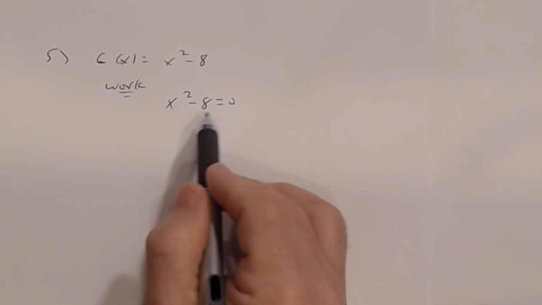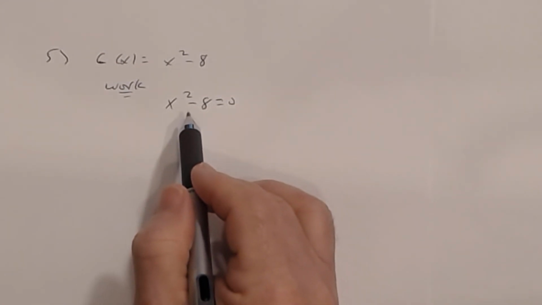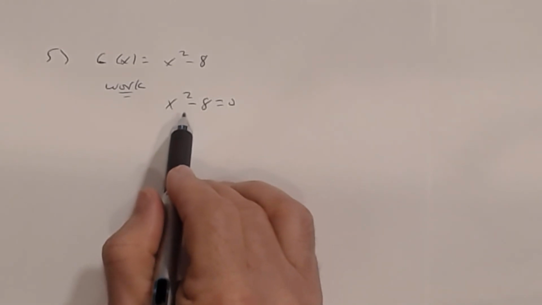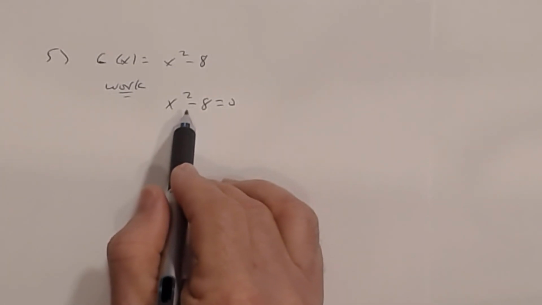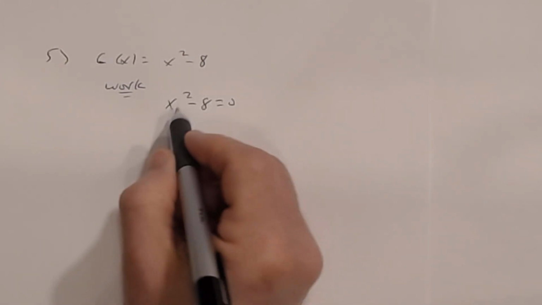Now, over the rationals, this is not factorable. So you may want to either use the quadratic formula, or you may notice, hey, there's no x term here. The x term is missing. So I can easily solve for x by using the square root property.